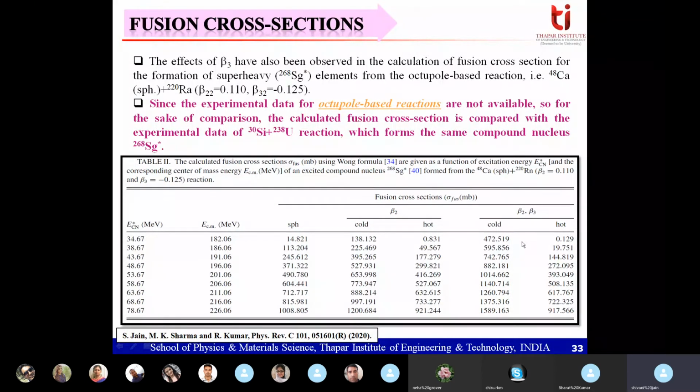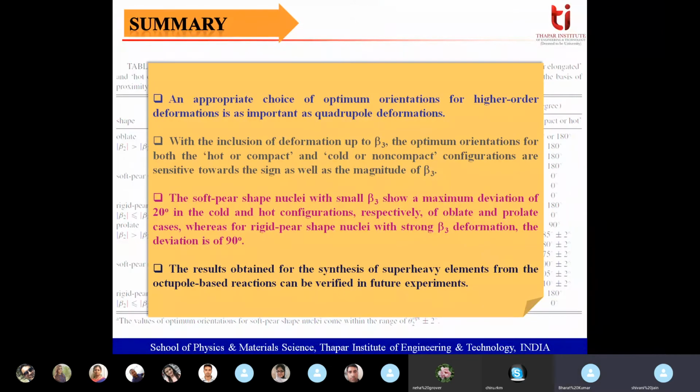Since the experimental data for this reaction was not available, for the sake of comparison we have compared our values with the experimental data of a reaction which is forming the same compound nucleus, and observed that the calculated value for hot configuration is giving almost near to the available data. So this was the work we have done in our paper.